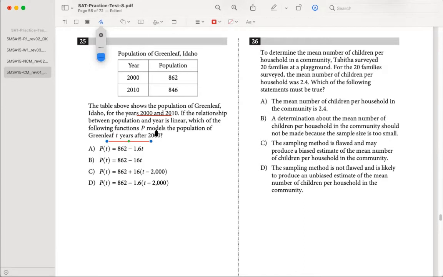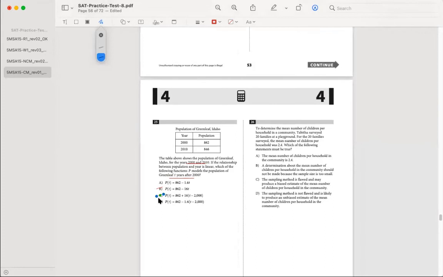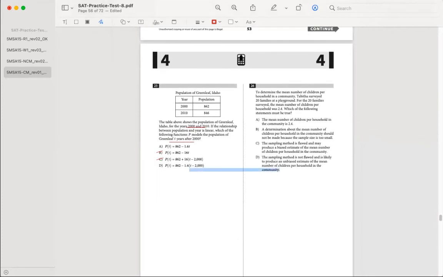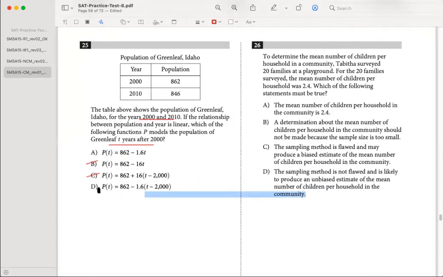So that should get you negative 1.6t. Yeah, 16t, that's off. This would get you 16t, that's also off. t minus 2000, so that doesn't seem right either. A is the best answer, yeah. I don't know why this thing keeps on tripping up.